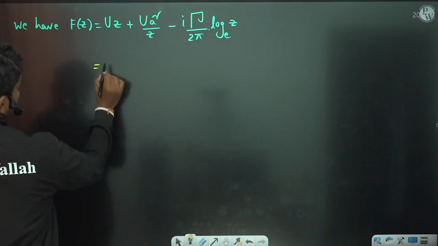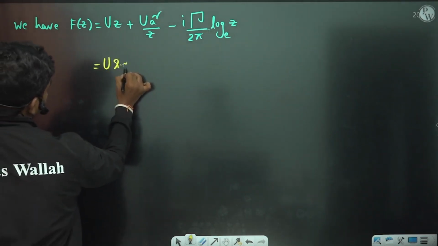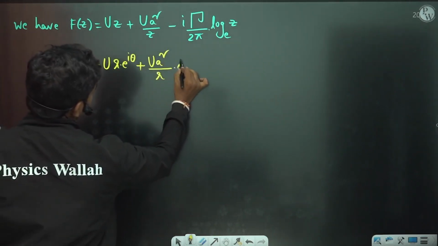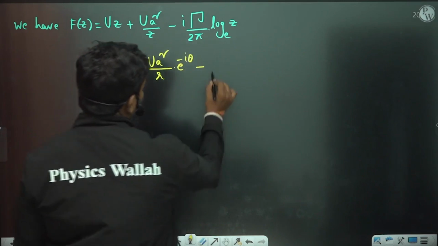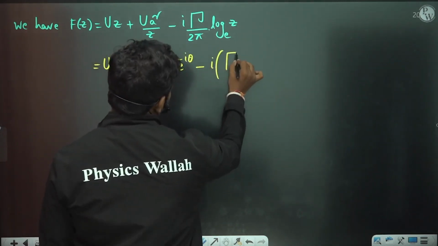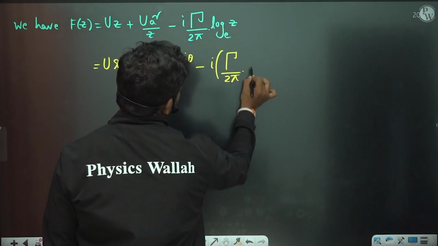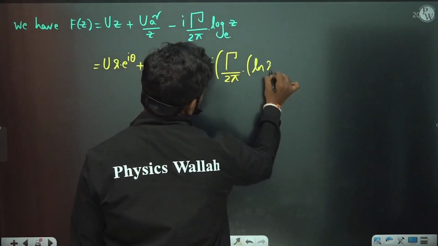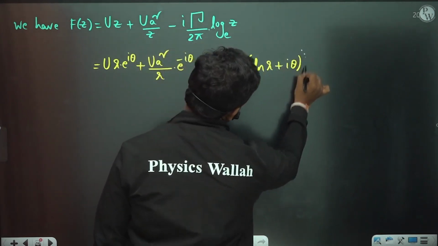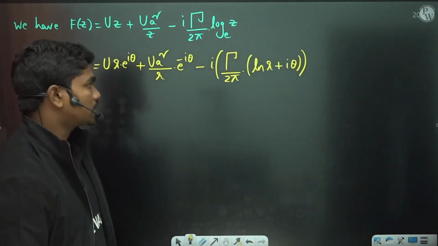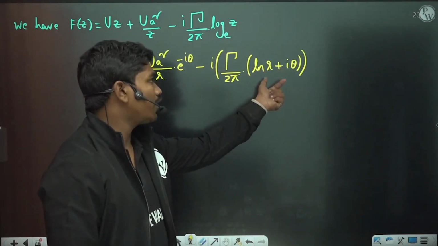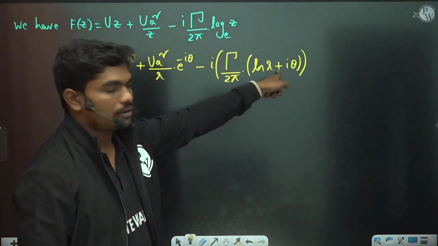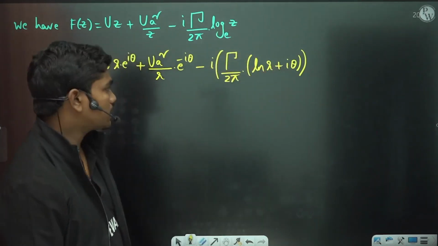This is equal to U times r e power i theta plus U a square by z, which is r e power minus i theta, minus i times circulation by 2 pi into log, which can be written as ln r plus i times theta. We have already seen how this comes: log z, if you write, is ln r plus i times theta. We have seen that expression.